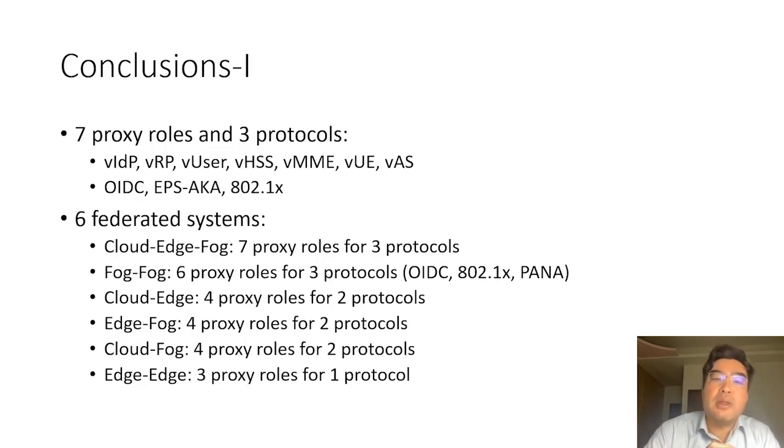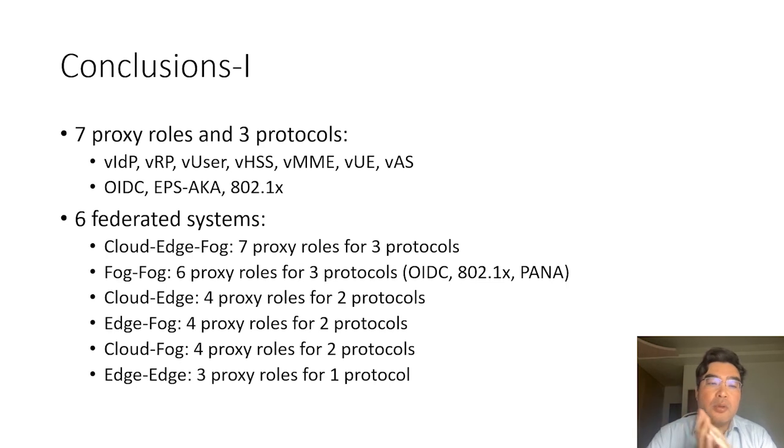Now I come to the conclusions. Here we have designed 7 proxy roles, and then put them into the right position for the right pairs of federated providers. And we support 3 protocols, 7 proxy roles, 3 protocols.